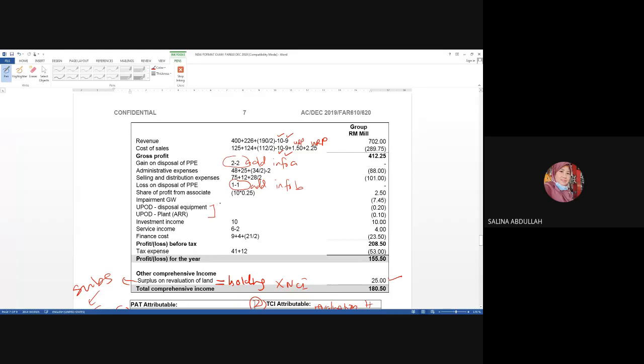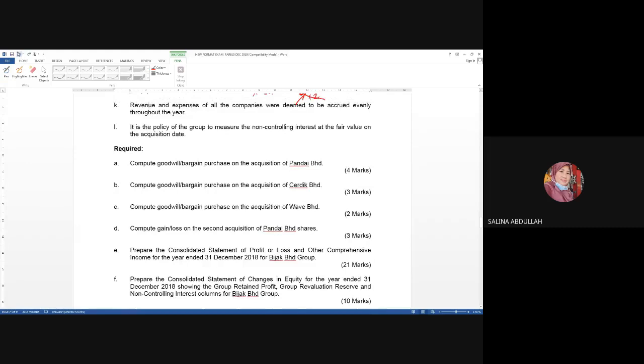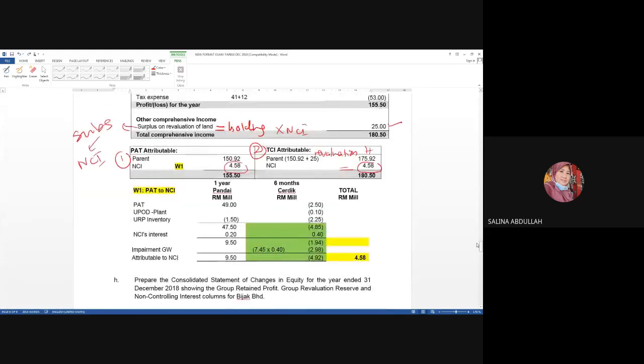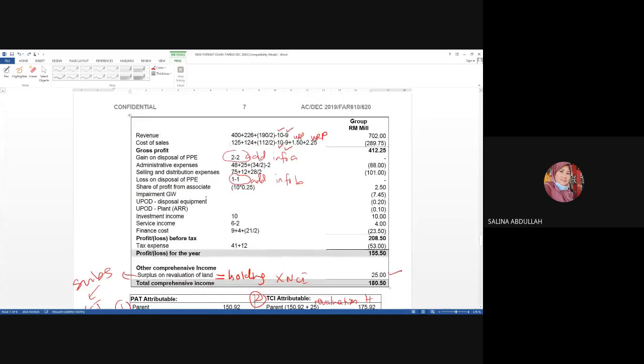Disposal of equipment is just now in additional information B. Remember just now I mentioned this add info B. And this plant is actually a revaluation that takes place on the acquisition date of S2, which is 1 million times 10%.